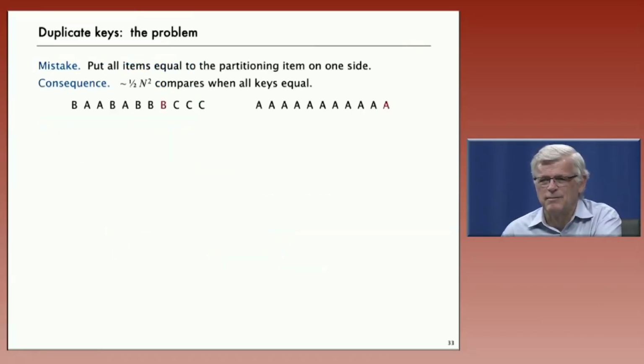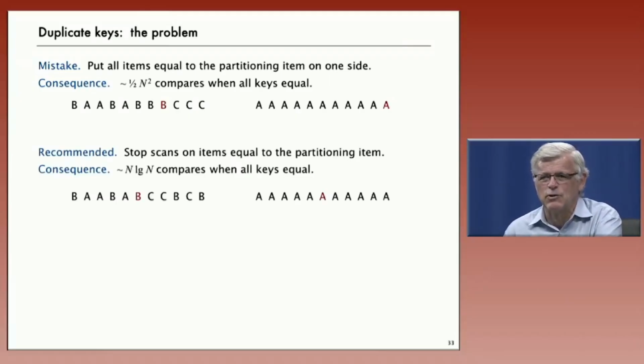The mistake happens if we put all the items equal to the partitioning item on one side, which is a natural way to implement it. The consequence is, if all the keys are equal, then partitioning doesn't really do anything. It just peels off one key: from a file of size n, you get a subfile of size n-1, then n-2, and so forth.